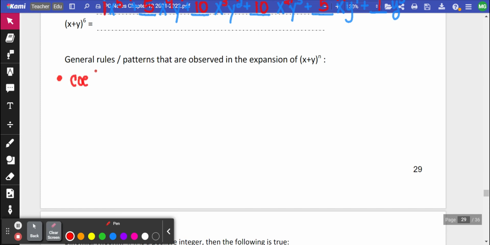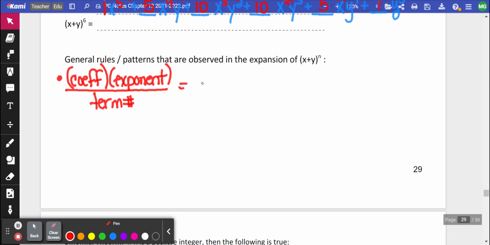If you take the coefficient of one term and you multiply it by the exponent of that term and divide it by the term number, that will give you the coefficient of the next term.